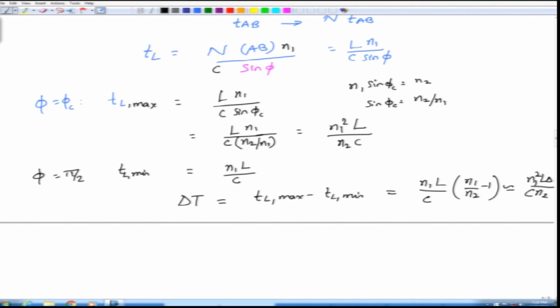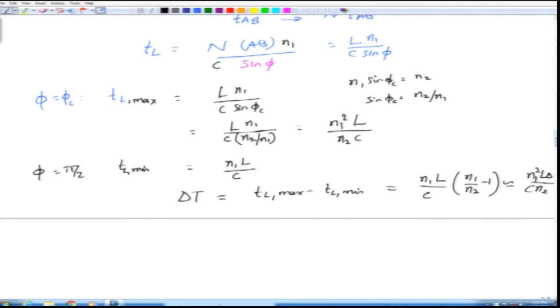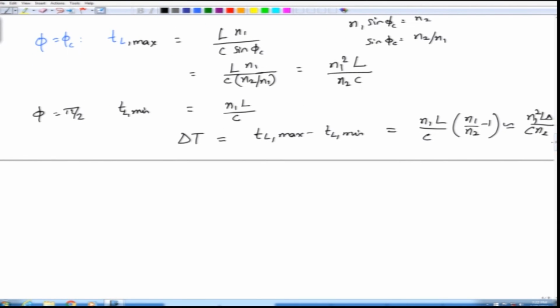Okay. So, this delta t is given by n1 square L delta by C into n2, and this is the length over which your pulse actually gets broadened.